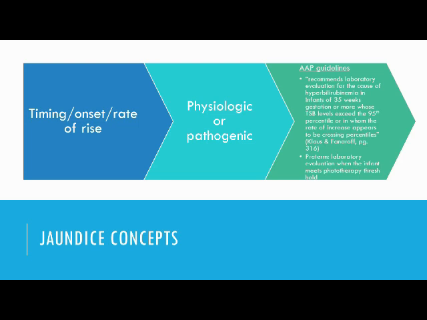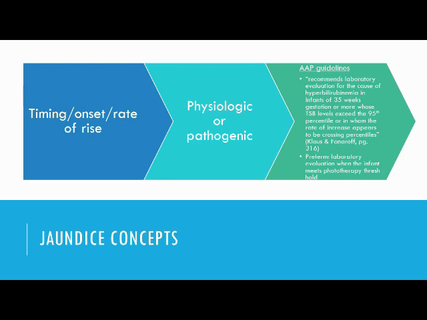Only about 5% of those infants that are readmitted have a discovered pathological condition for their hyperbilirubinemia. So they're admitted for hyperbilirubinemia and treated most likely with phototherapy, but only about 5% of those babies really had something pathologic going on.